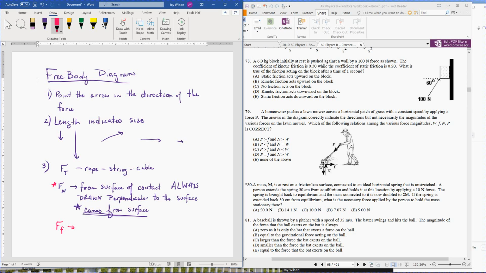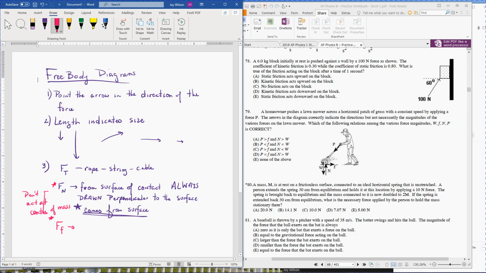So these two don't act at center of mass. All the other ones we work with basically do. So all of the rest of them act at the center of mass unless they are drawn when we're doing torque so that they're clearly shown that they produce a torque.